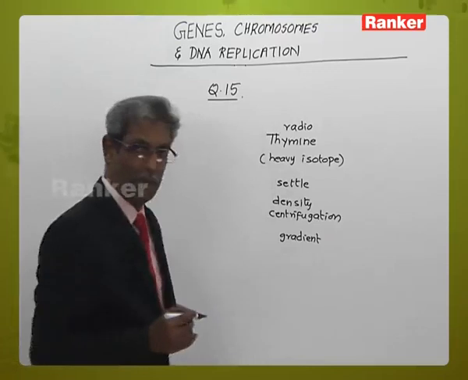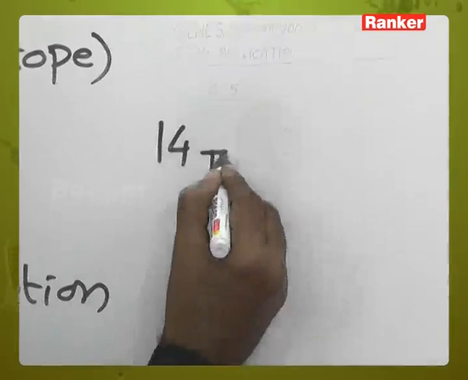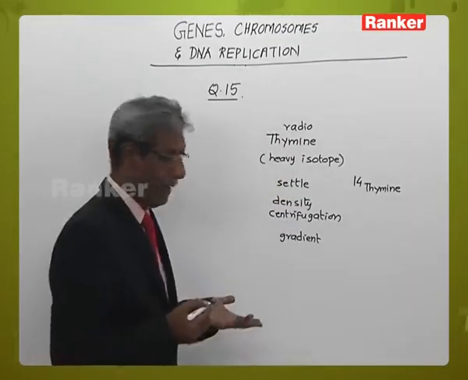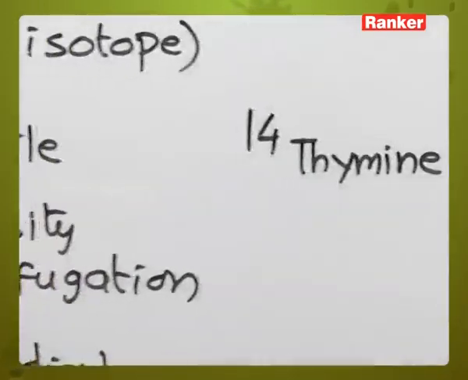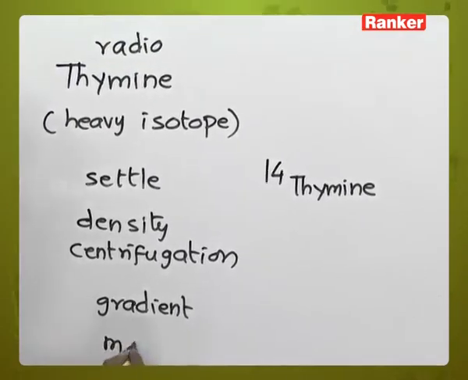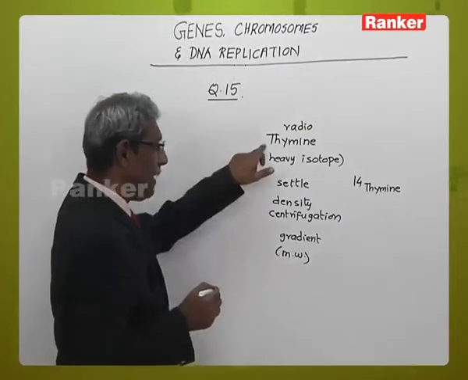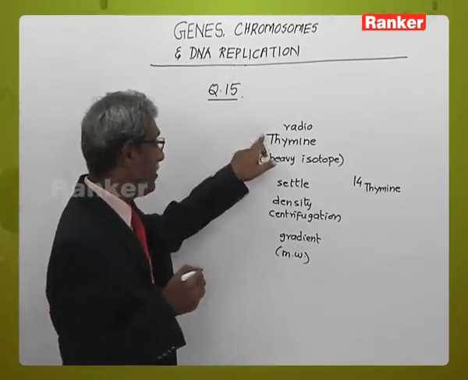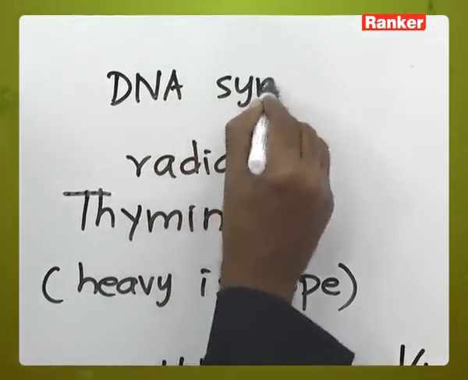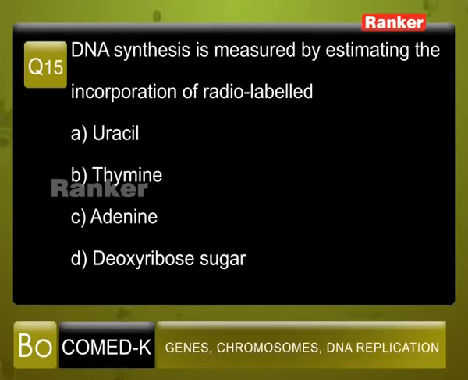That is, there will be DNA which is labeled with 14 thymine along with the parental DNA. The settling depends upon the molecular weight. So, based on molecular weight or density centrifugation, thymine is a very important radioactive compound used during DNA synthesis. Hence, the answer is B.